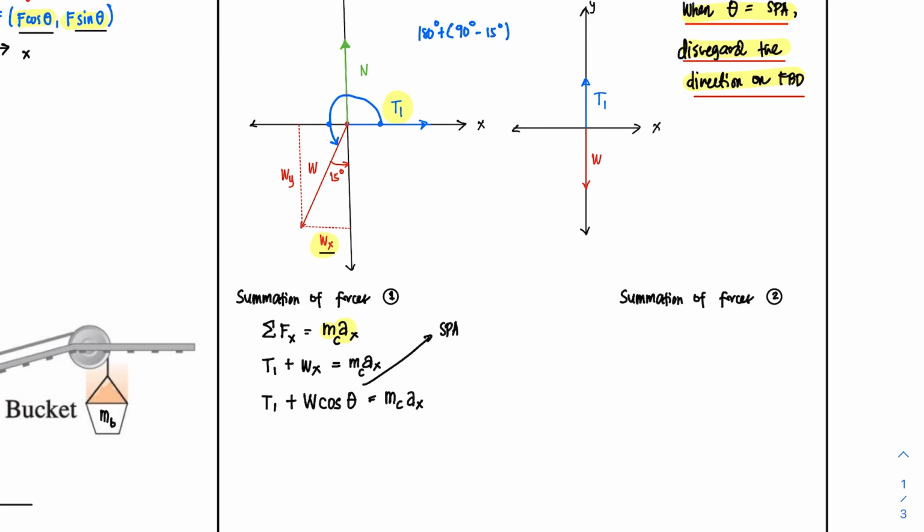So 90 minus 15, so you have 180 plus this, which is 75 degrees, right? And that will give you 220, is it 220? It's 255, sorry, it's 255 degrees.